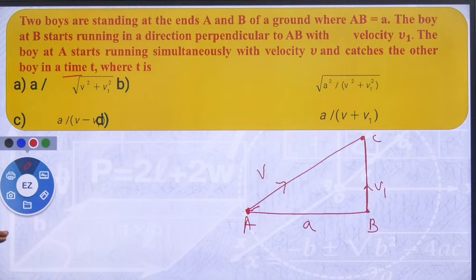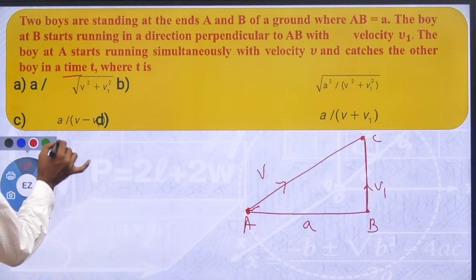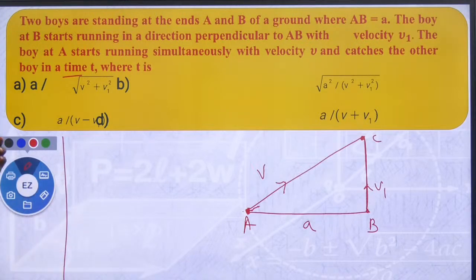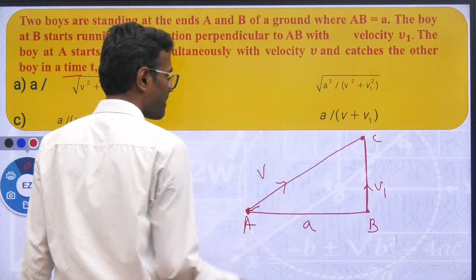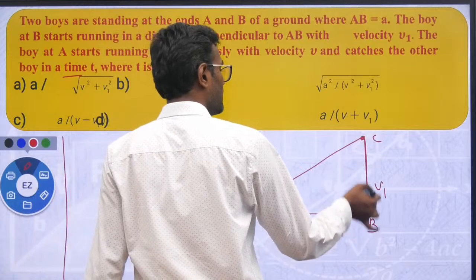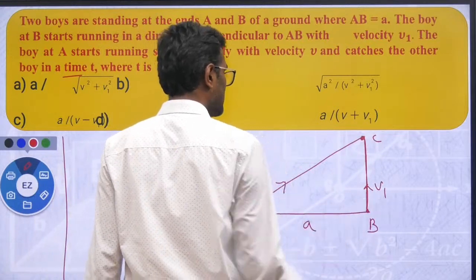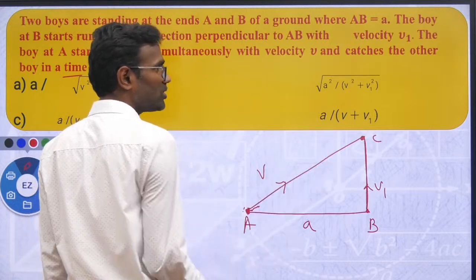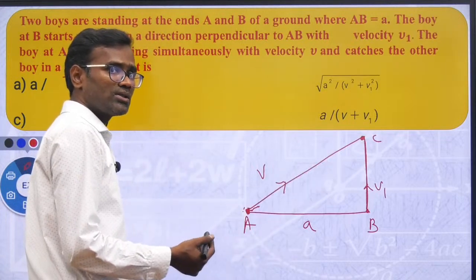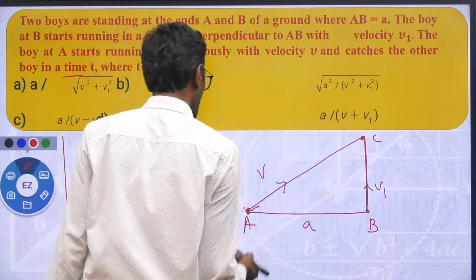Let me write the distance traveled. AB length is A. BC is from B to C, time taken t seconds. Distance equals speed into time.